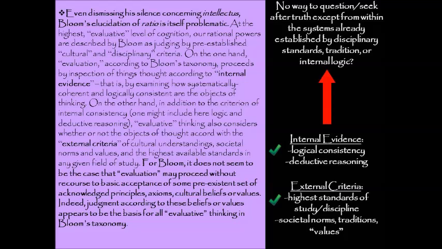That is, by examining how systematically coherent and logically consistent are the objects of thinking. Does everything fit together, right? On the other hand, in addition to the criteria of internal consistency, one might include here logic and deductive reasoning, evaluative thinking also considers whether or not the objects of thought accord with the external criteria of cultural understanding, societal norms and values, and the highest available standards in any field of study.